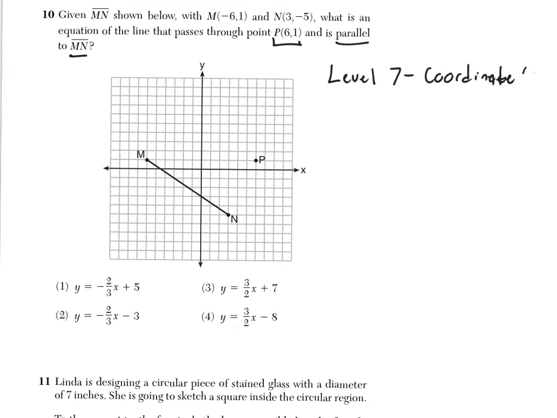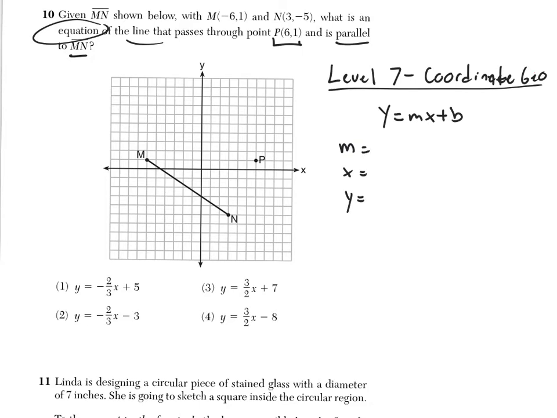We actually have to make the equation of a line, so we're always going to write down y equals mx plus b. If I see write the equation of a line, I'm writing y equals mx plus b. My x and y are always the point it passes through, which in this case are 6 and 1. So we've got 6 for x and 1 for y.